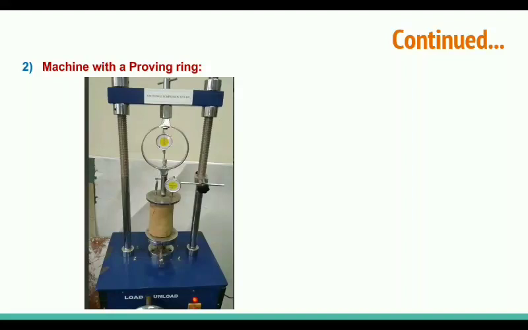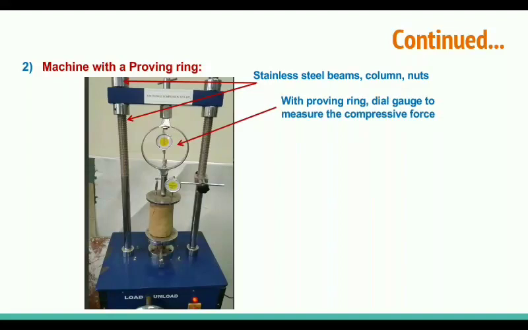This beam and columns, all the parts are made of stainless steel, and this is the center portion of the frame, and the dial gauge in the proving ring. By taking the dial gauge reading in the proving ring, that will give us the value of the compressive load applied on the soil specimen, right?